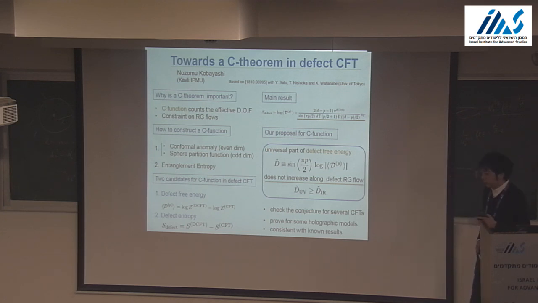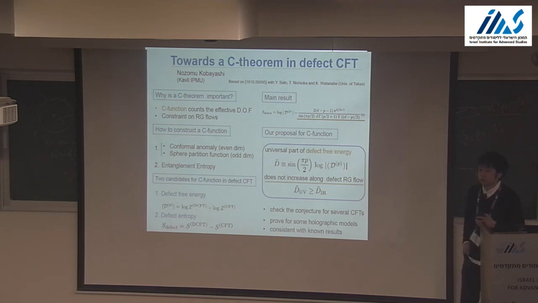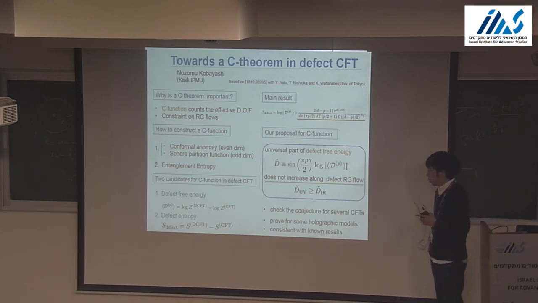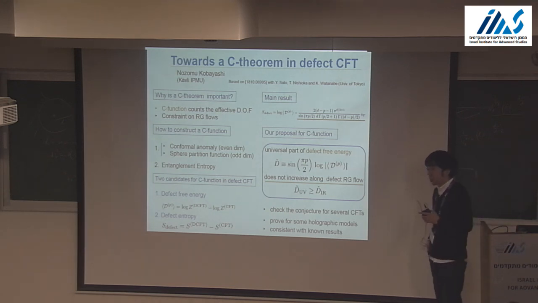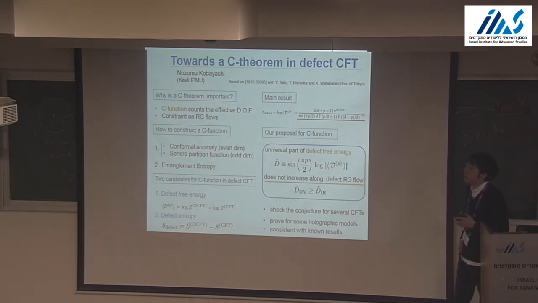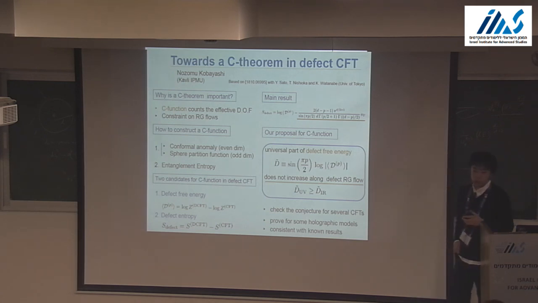And we also provide a holographic proof of our conjecture using a probe brane model and the AdS/CFT correspondence. Our conjecture is consistent with and reduces to the known results such as the g theorem for two-dimensional BCFT and the b theorem for CFTs with a two-dimensional defect. Okay, that's all. Thank you.